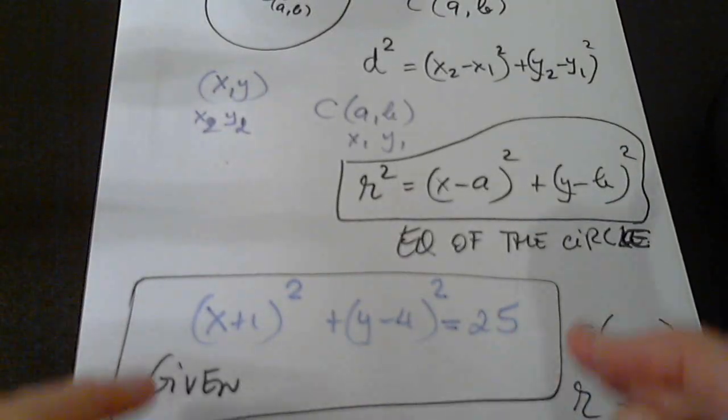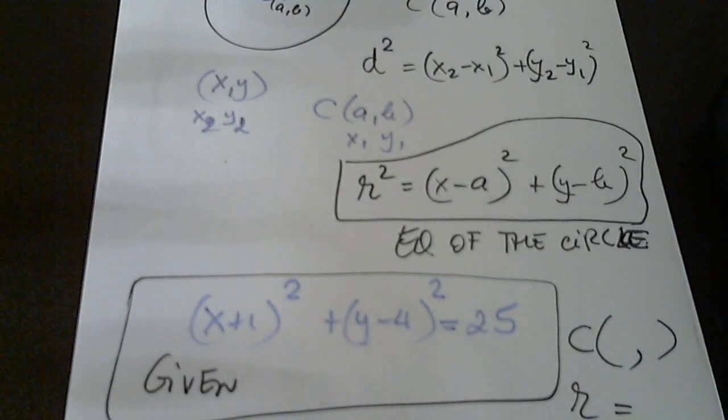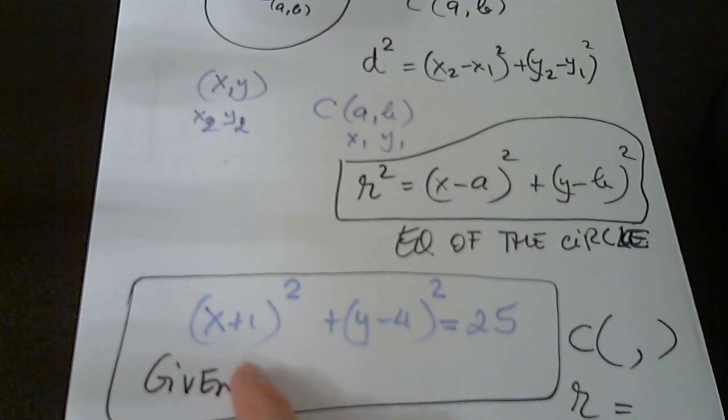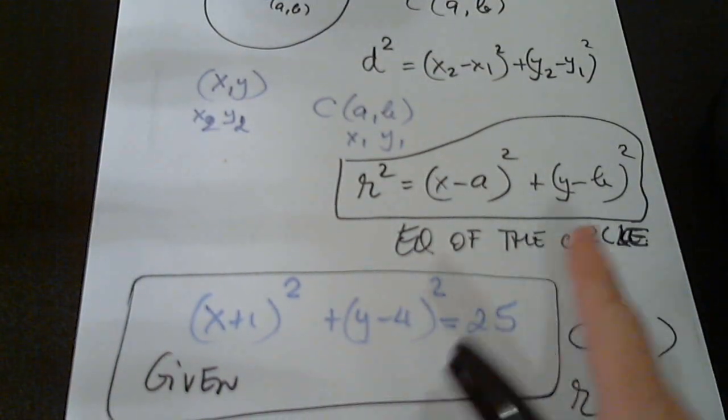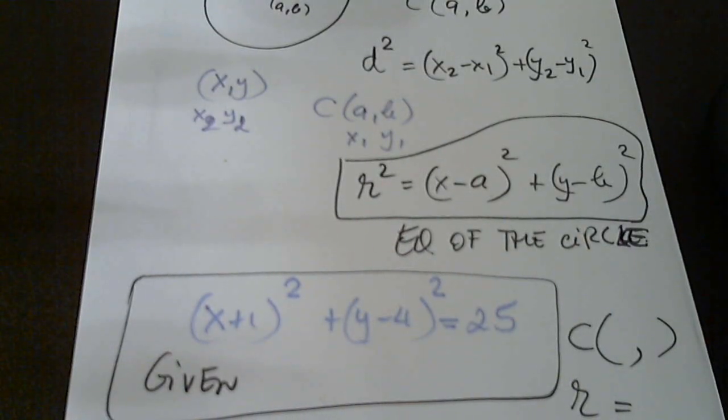All you have to do is compare this equation to this equation. Do they look similar? Do I have something with x squared plus something with y squared equals some number? Yes. Perfect. So this must be the equation of a circle.